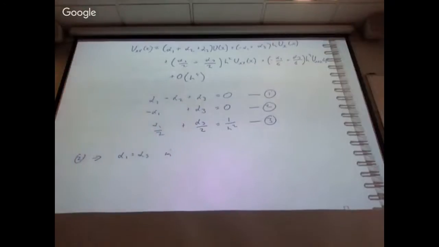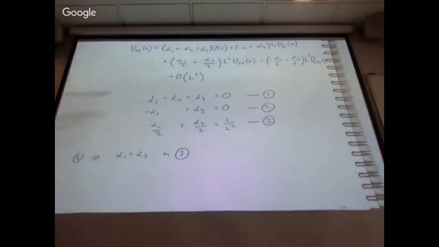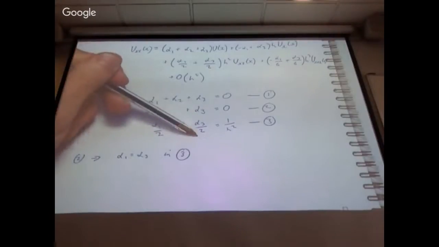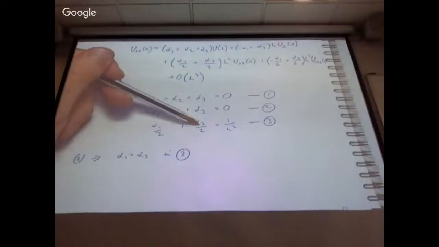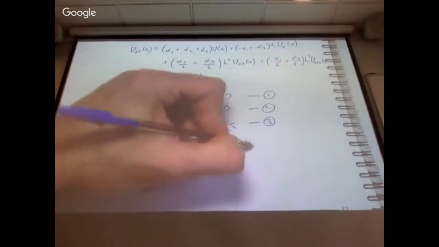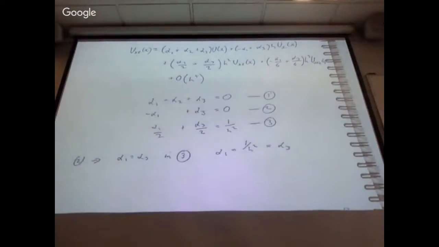So if we plug that into equation 3, we've got alpha 1 over 2 plus alpha 3 over 2. Well, if they're the same, I've got alpha 1 over 2 plus alpha 1 over 2, which is just alpha 1. We've got alpha 1 equals 1 over h squared. And I've already established that also must equal alpha 3.